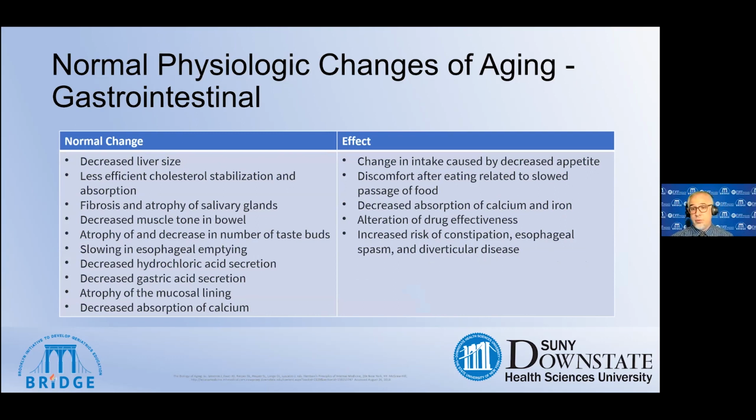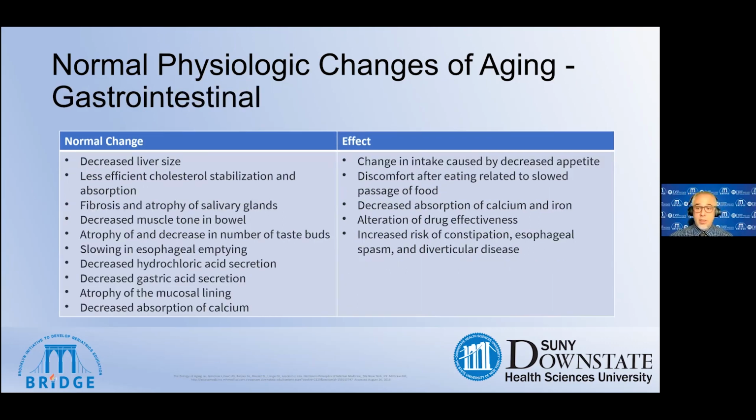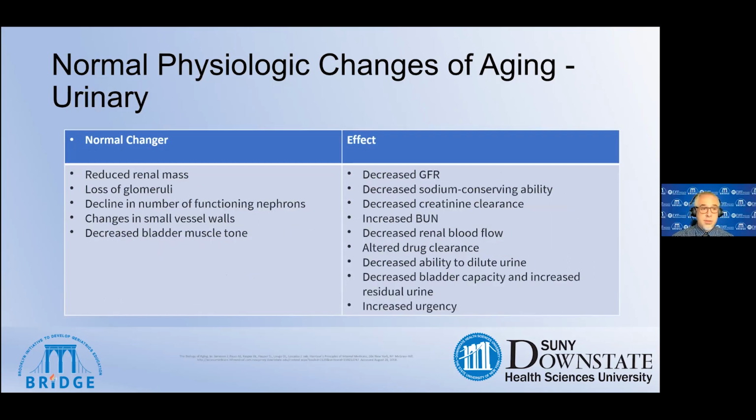Slowed passage of food, changes to absorption of calcium and iron, and alterations of drug effectiveness based on changes to acid secretion and absorption rate, an increased risk of constipation and associated illnesses. And I guess, again, important to note that where I'm talking about increased risk doesn't necessarily mean that that risk will penetrate to each individual, but that it is possible for an older adult to develop some of those changes.